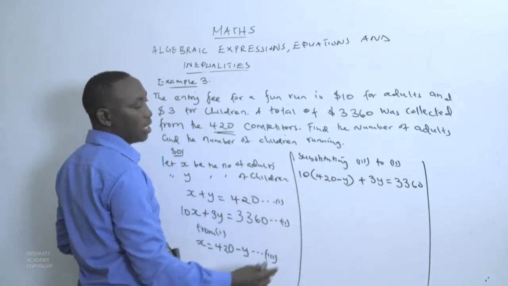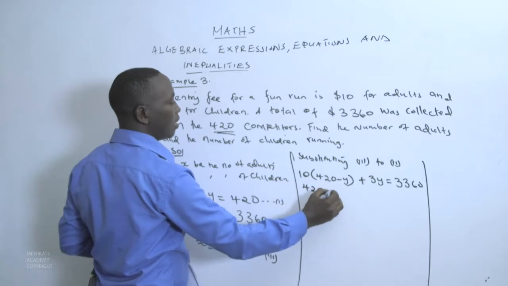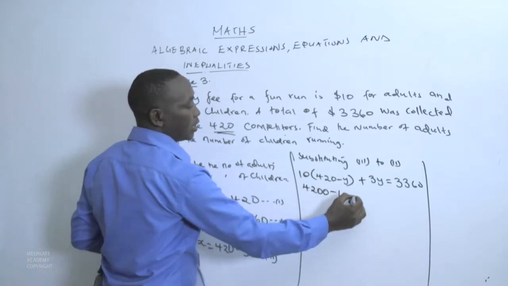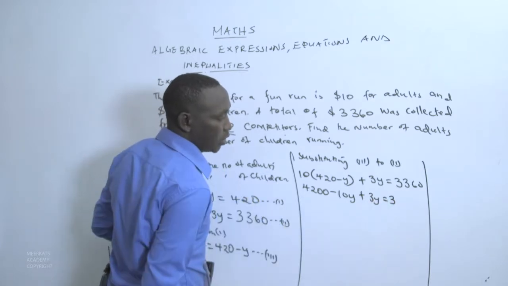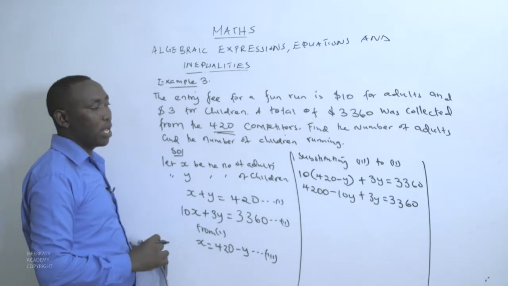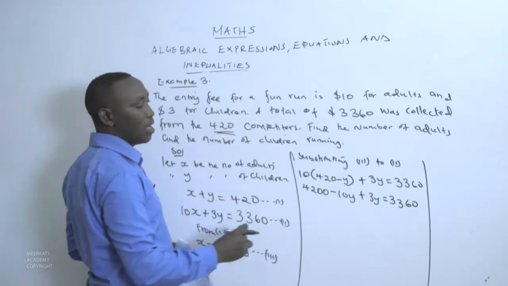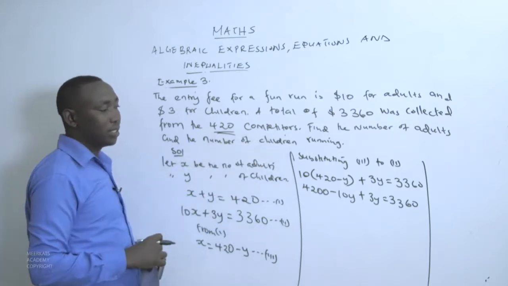When we open these brackets, or we expand, we are going to get 4,200 subtract 10y plus 3y is equal to 3,360.